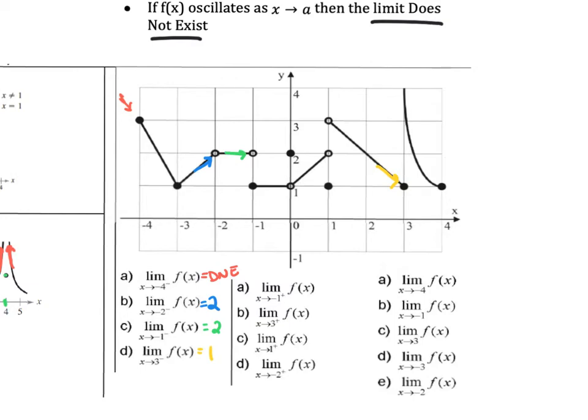In the next column, we want the limit as x approaches -1 from the right, and in that case, our y values are approaching 1. For part B, we want the limit as x approaches 3 from the right, and our y values are approaching infinity.